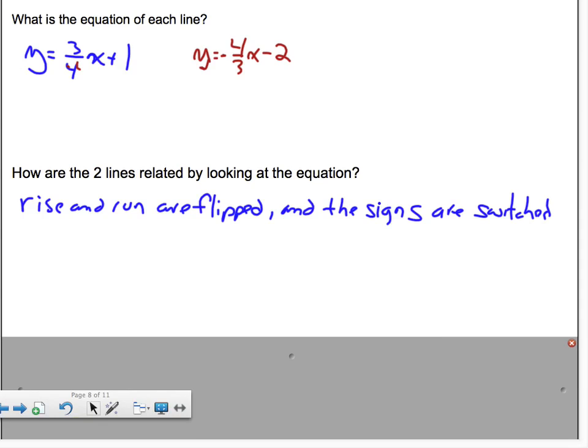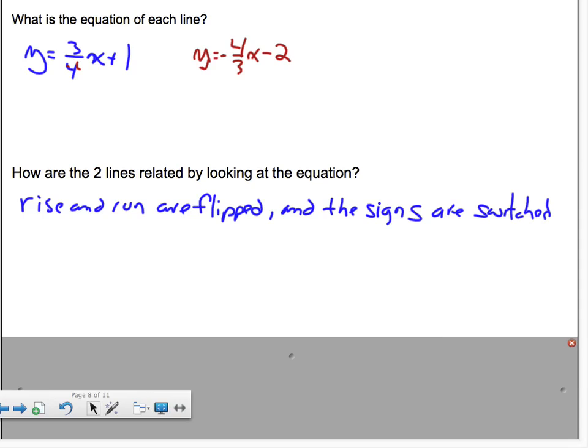So we just said what is reciprocated? No, but what here? Well, what part of the equation is flipped? The slope. The slope, right?